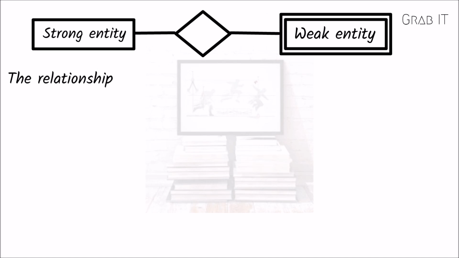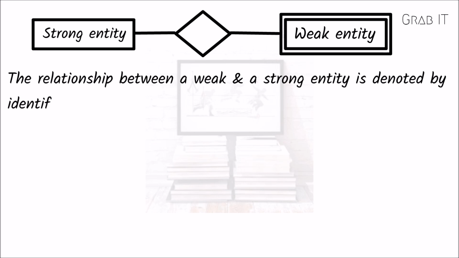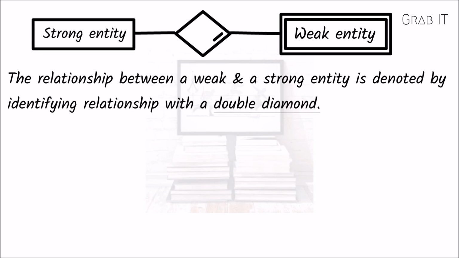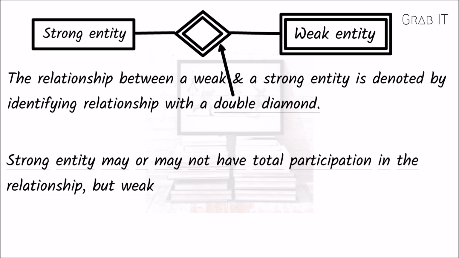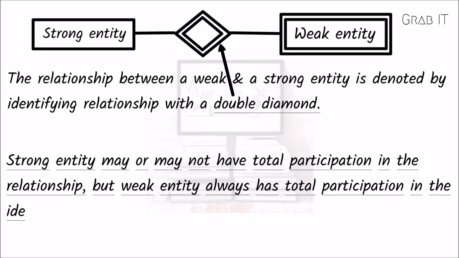The relationship between a weak and a strong entity is denoted by an identifying relationship with a double diamond. A strong entity may or may not have total participation in the relationship, but a weak entity always has total participation in the identifying relationship, shown by a double line.